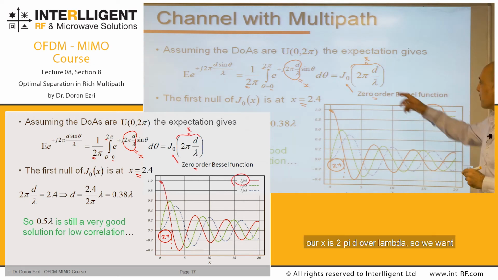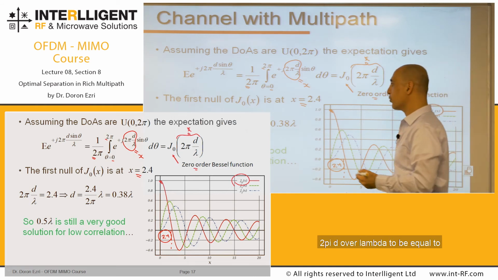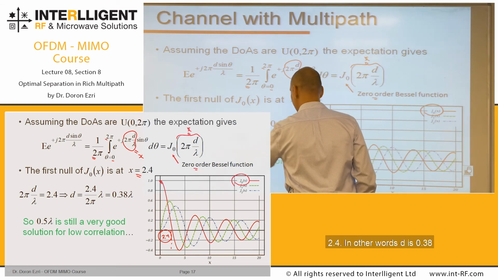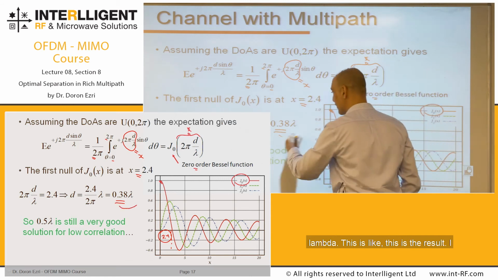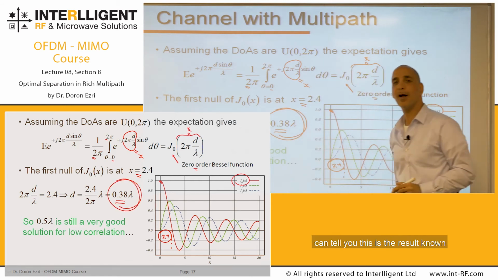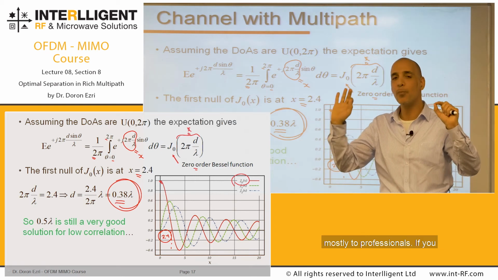But again, our x is 2 pi d over lambda, so we want 2 pi d over lambda to be equal to 2.4. In other words, d is 0.38 lambda. This is a result, I can tell you, known mostly to professionals.